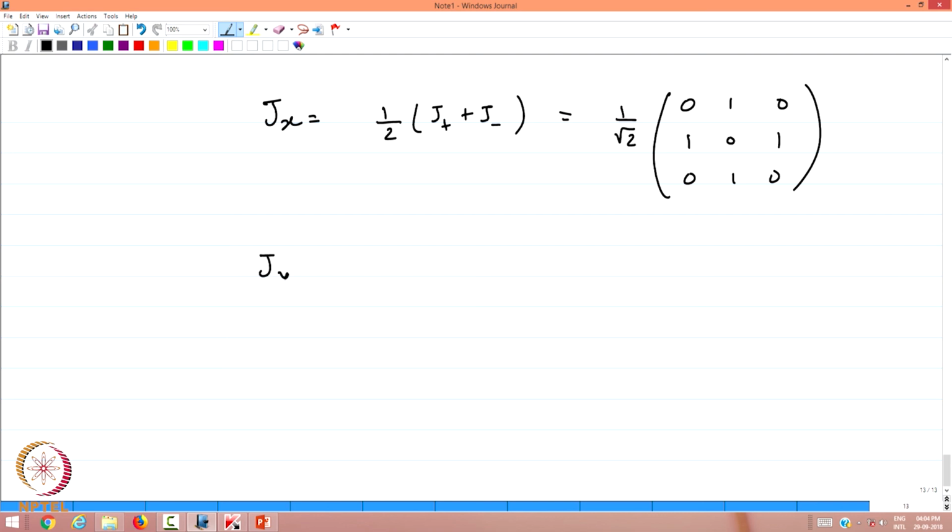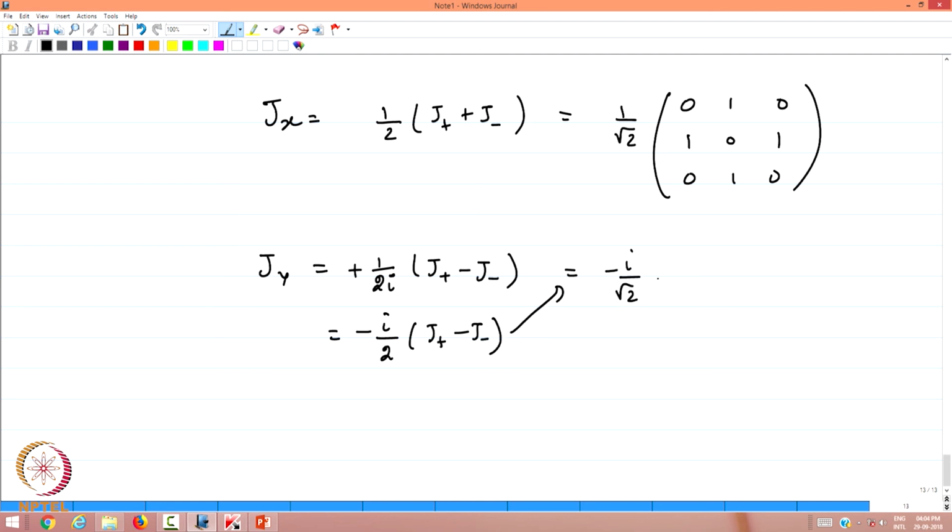J y, if you have to calculate, it will be, sorry, it is 1 by 2 i, J plus minus J minus, and you see that the J minus comes with a negative sign. Therefore, this is minus i by 2 times J plus minus J minus, and this you can write as minus i by root 2.